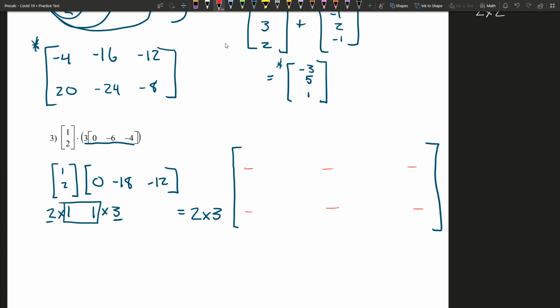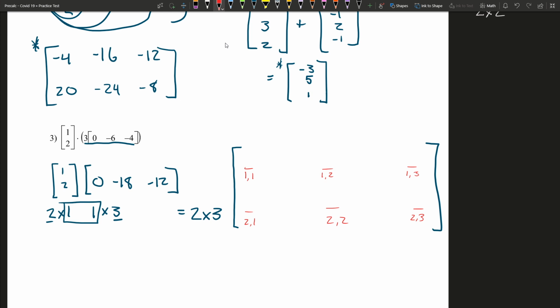In order to get each of these elements, I usually look at their coordinates. All right, so this top left-hand element, that's first row, first column, then it's first row, second column, first row, third, and so on. And these coordinates tell you what to multiply by.